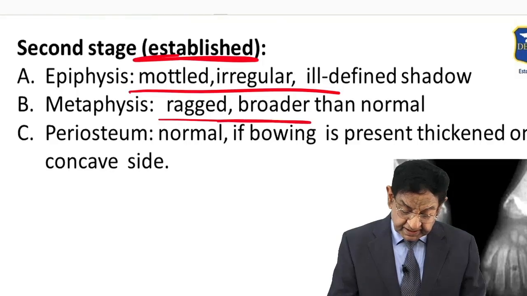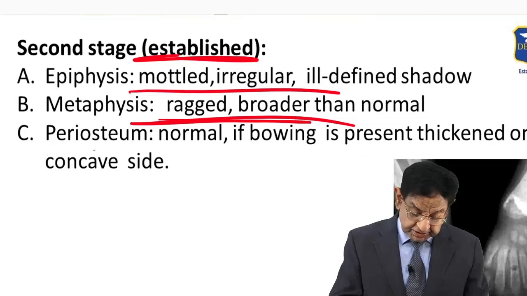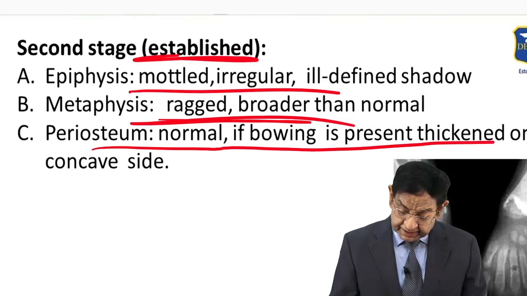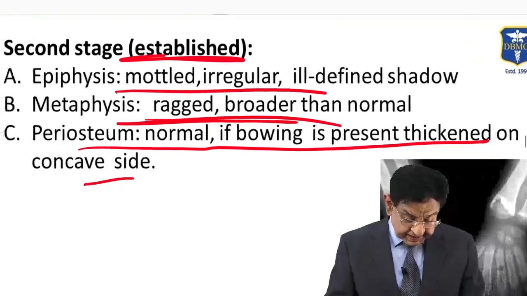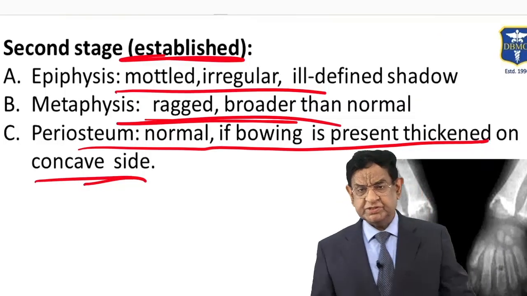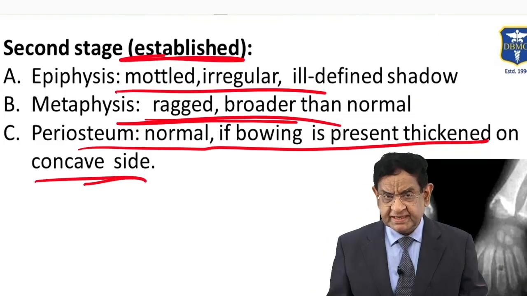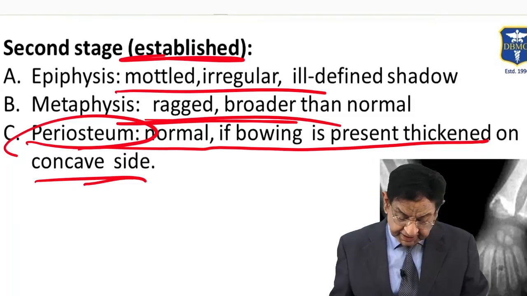Metaphysis is broader. Periosteum is normal, but if bowing is present it is thickened on the concave side. So on one side periosteum is thick and on the other side it may be normal.